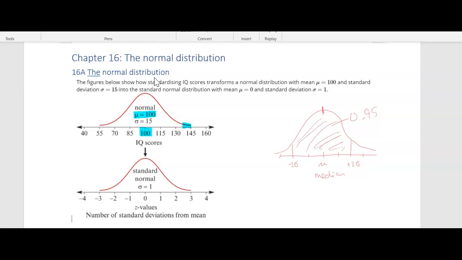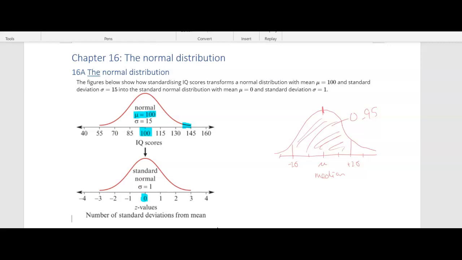If we were to standardize that, we then change it so the mean is 0. So we've got our general normal distribution and then our standard normal. Sometimes we can standardize things just to compare. When we do a bit more of chapter 16, that will probably make sense. Or if you do further maths, you'll be familiar with this normal distribution.